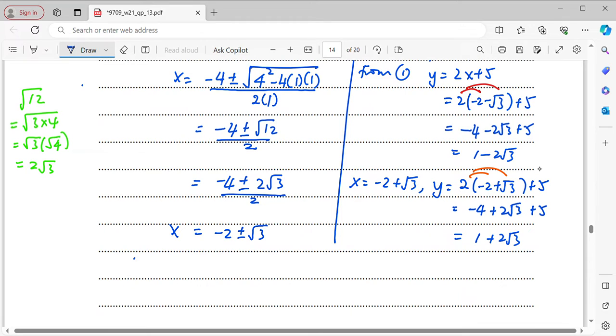So from here, my A will be negative 2 minus square root 3, comma, my y is 1 minus 2 square root 3, and my B will be minus 2 plus square root 3, and my y coordinate will be 1 plus 2 square root 3. So done for A and B.